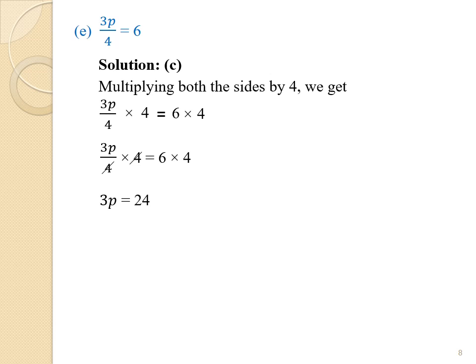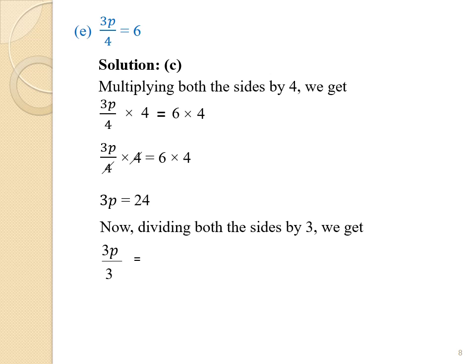Now, dividing both the sides by 3, we get 3p upon 3 equals to 24 upon 3.